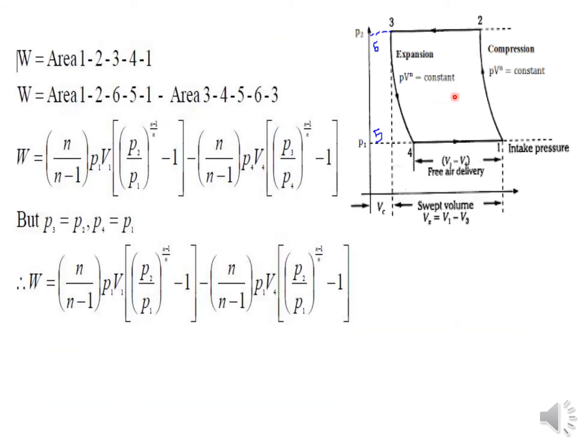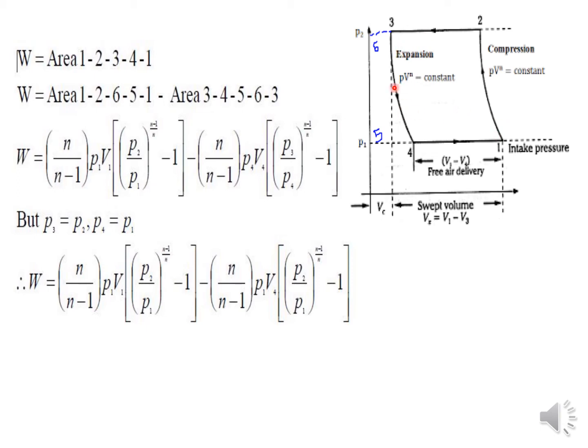So this is the same diagram that I have taken. First see here, area 1 2. I want the work done for which area? This area 1 2 3 4 1, but I have the work done formula for what? 12651.